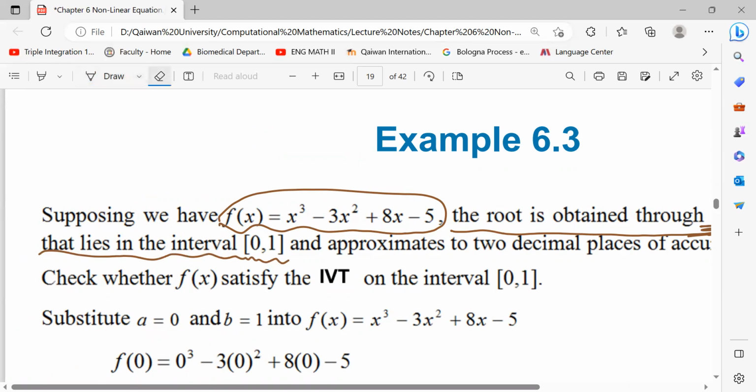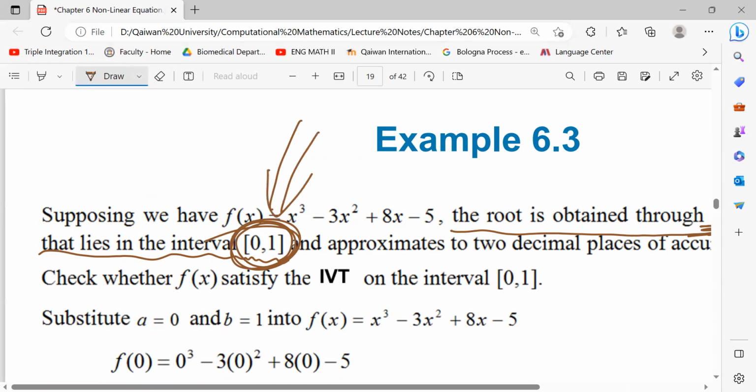Even if it's not given that we use the bisection method, as we have an interval, you should know that we should use the bisection method. Here only the bisection method works on an interval. If we have an interval, it means we need to use the bisection method.